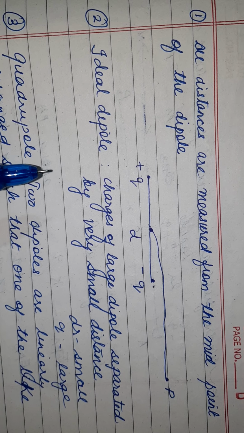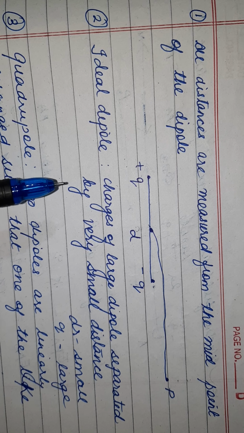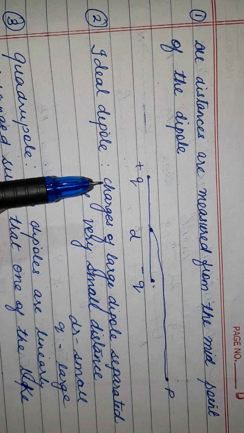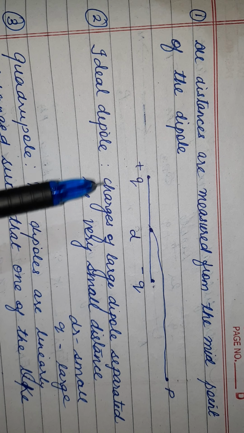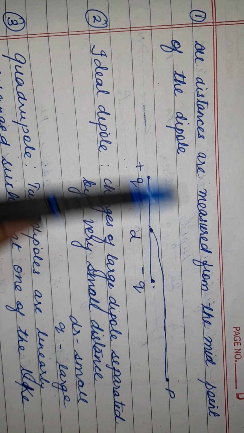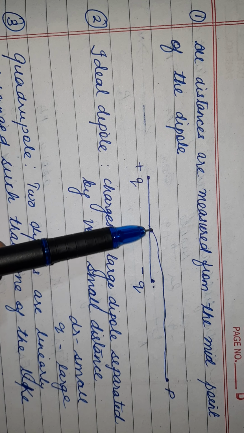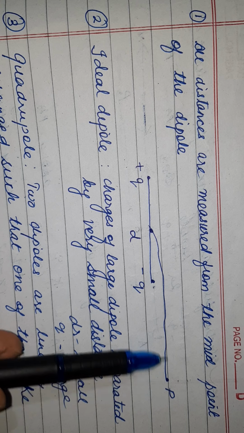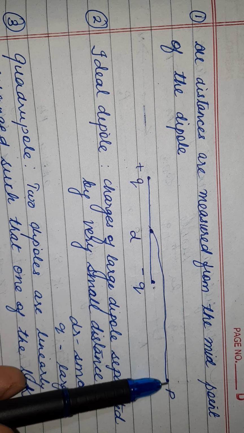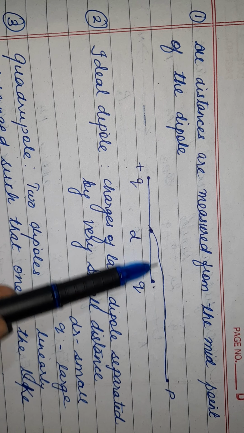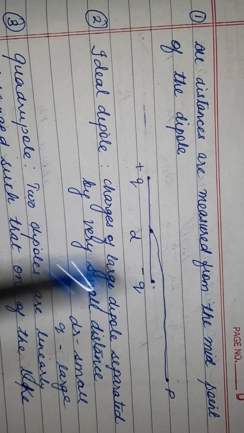Now some important points for studying dipoles. First, all distances are measured from the midpoint of the dipole. Suppose we have to measure the distance of P, we will measure this distance from the middle of the dipole.